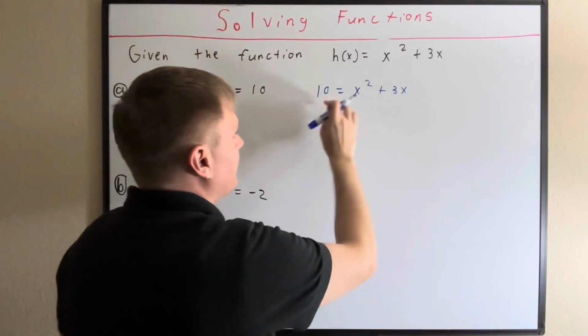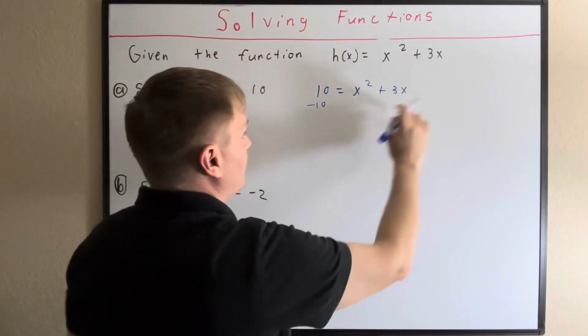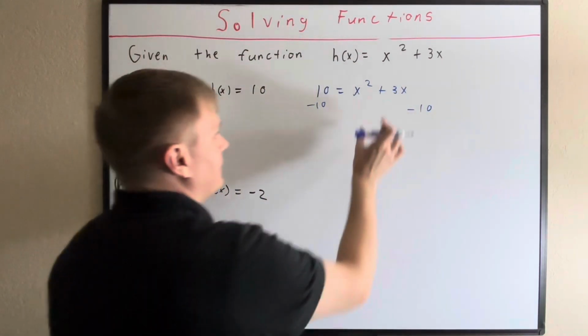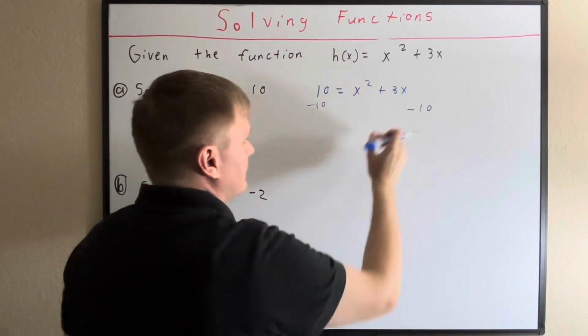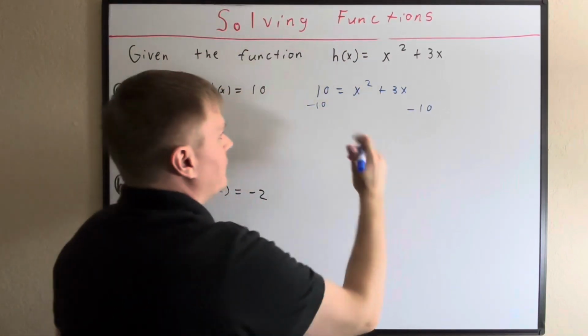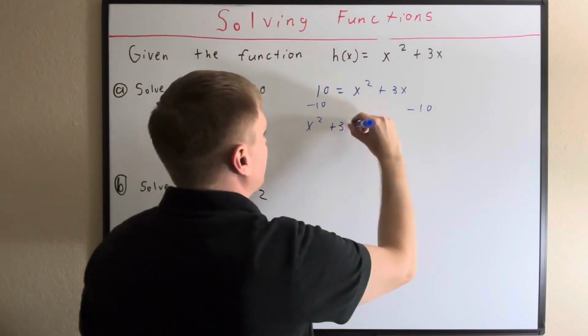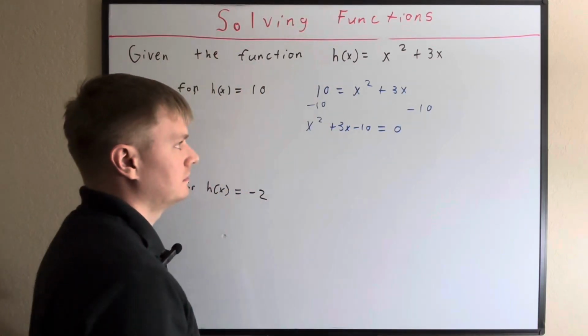Not really, because it's not set equal to 0. So we got to move the 10 over here, which is not something you normally do when you're trying to isolate a variable. But since we have an x squared and an x, we want the quadratic equation equal to 0. So x squared plus 3x minus 10 equals 0.